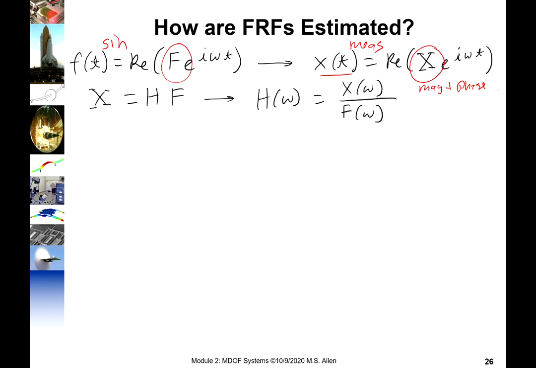And then in the complex domain, we could just take the ratio of those two, put them in polar form, for example, take the ratio, and we'd have the transfer function. This would be a complex number. So that's the simplest approach.